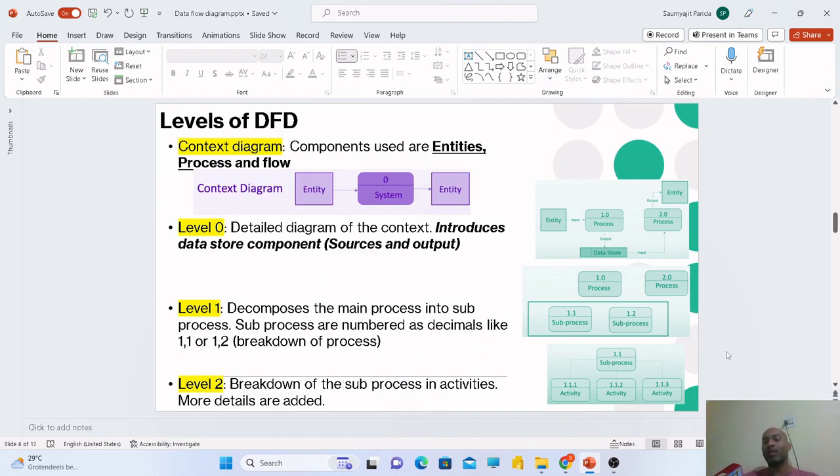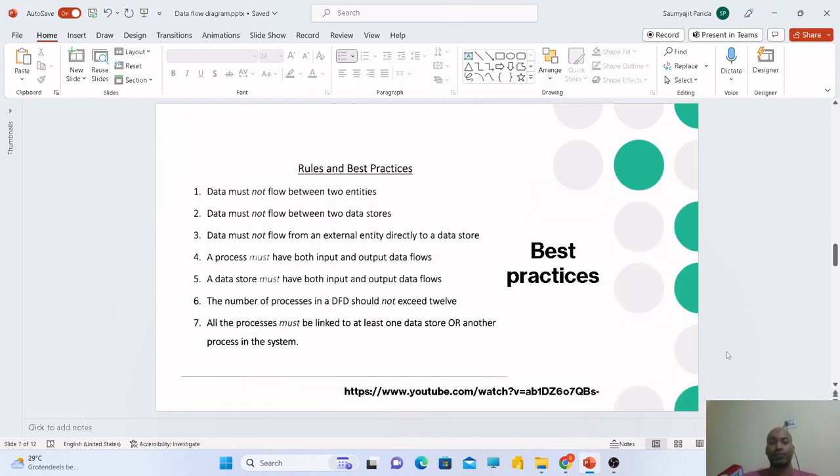I don't document to the extent of a fresher. So it really depends on you guys. I'm just showing you what generally happens in a data flow diagram. The rest depends on the person who is creating this.